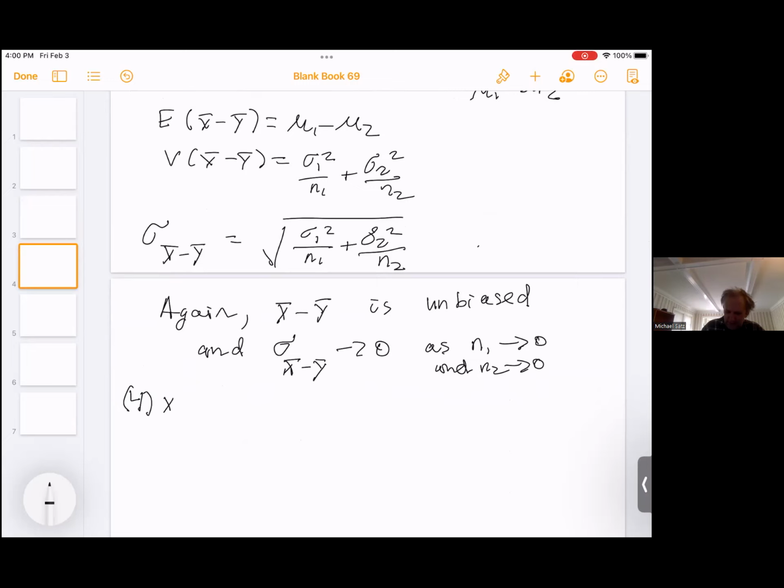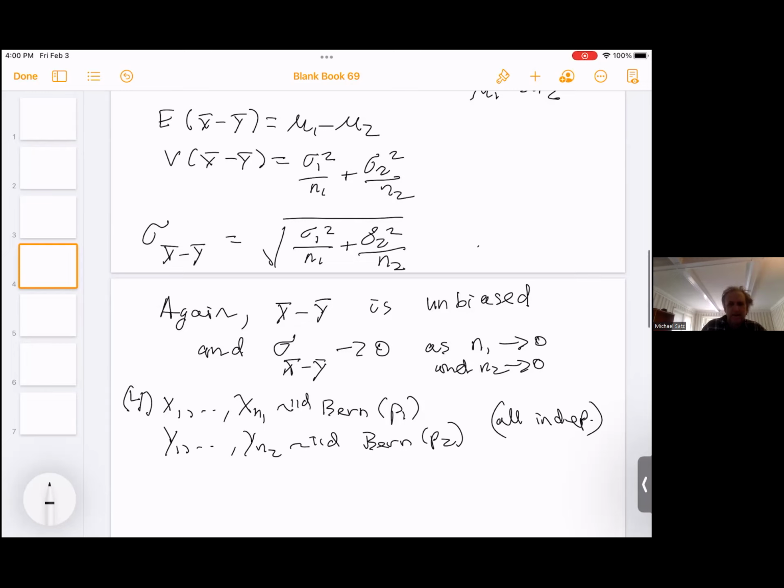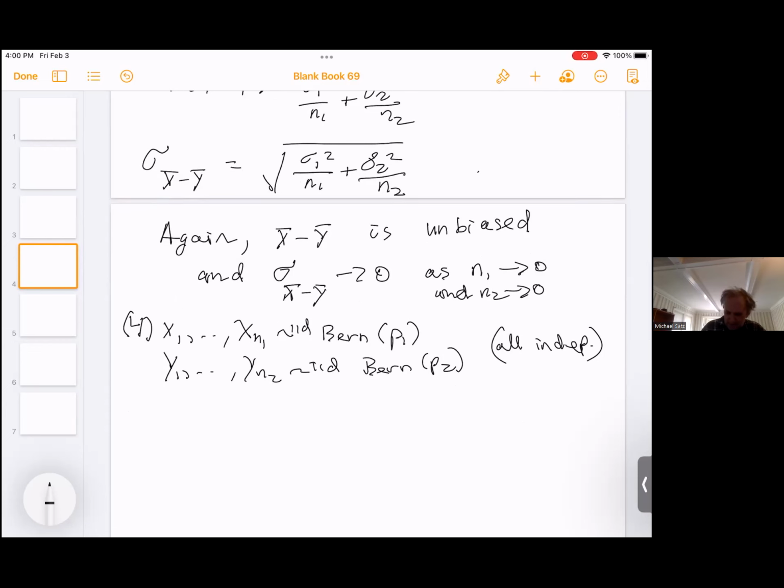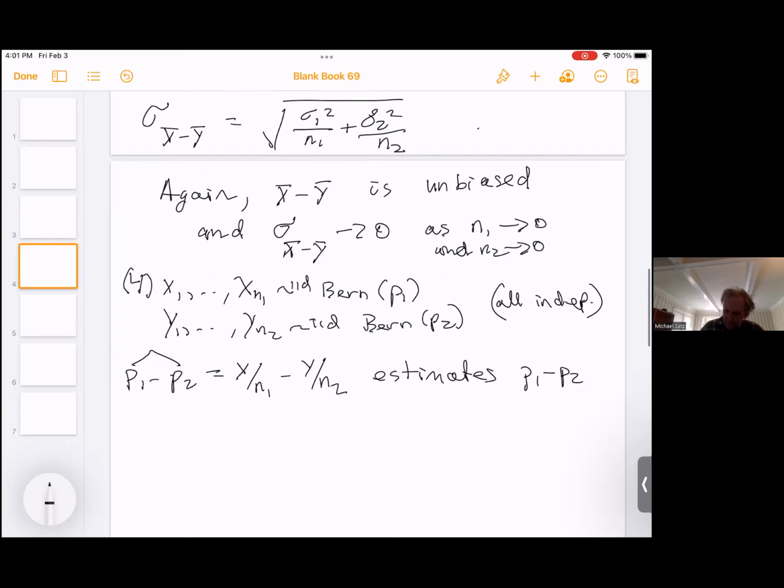So if we have almost exactly the same, x1 to xn1 IID Bernoulli p1 and y1 to yn2 IID Bernoulli p2, and all independent as well, then what would a good estimator be for the difference in the probabilities? p1 minus p2 with the hat equals X over n1 minus Y over n2, which estimates p1 minus p2, the difference in the probabilities.